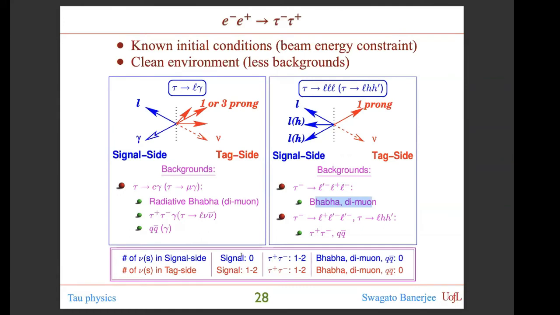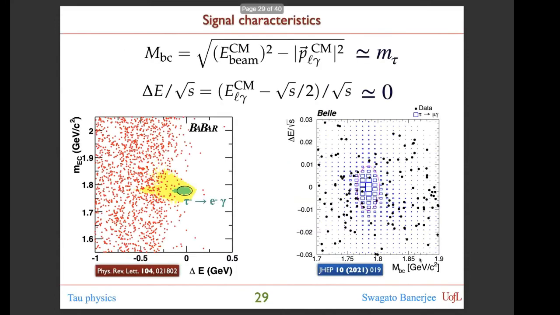For the signal events, we will have 0 neutrinos on the signal side, and on the tag side, 1 or 2 neutrinos. In the case of the tau pair background, we will have 1 or 2 neutrinos on both sides. Whereas in the case of Bhabha, q qbar and dimuon events, we will have no neutrinos. So this difference helps us to separate between the different backgrounds and also differentiate between the signal and the background.